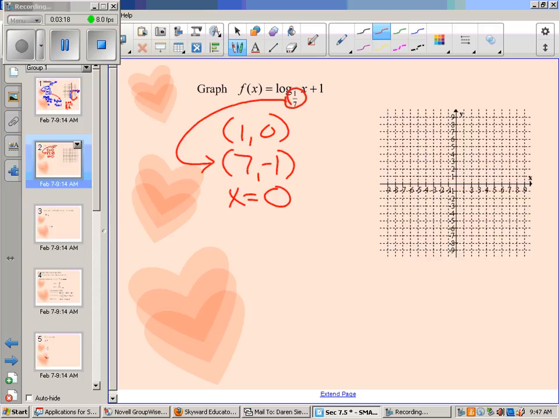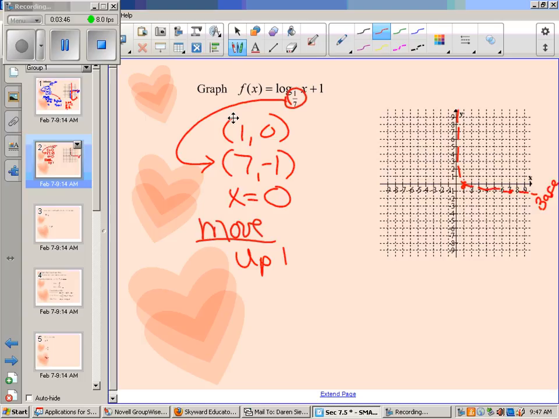Asymptote at 0. Where does it need to move? Up 1. Good. Okay. The plus 1 is not in parentheses, so then it can't go right or left. It just goes up. So if I do my base, 1, 0, 7, negative 1. Remember, it's now, because that was a 1/7 there, inverse of a decay. There's my base.